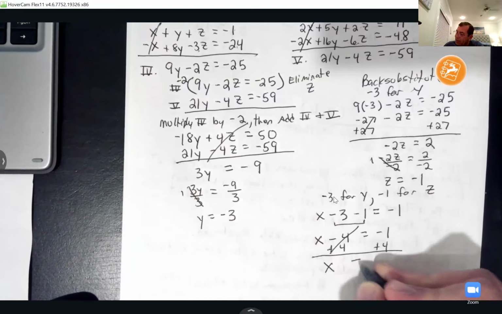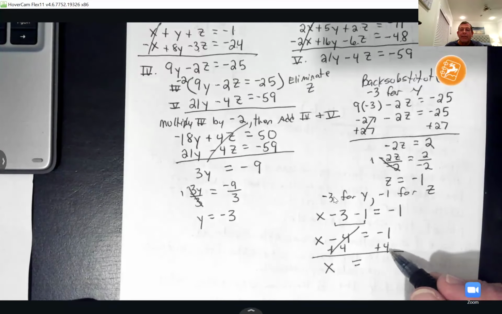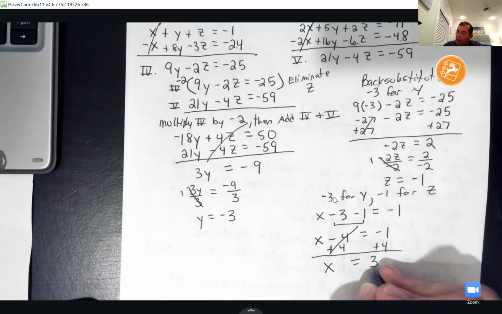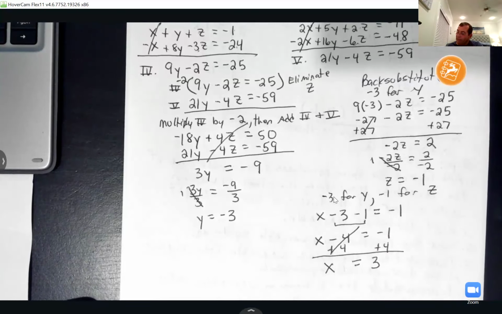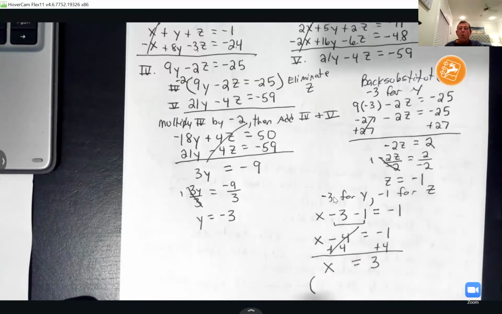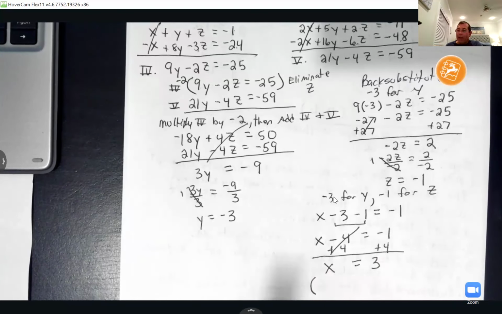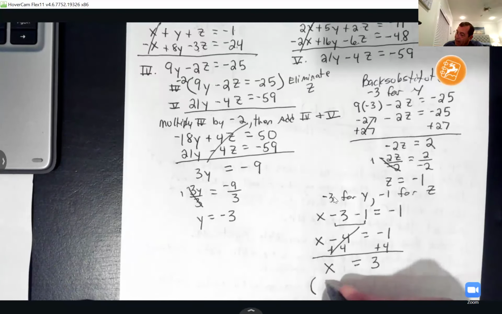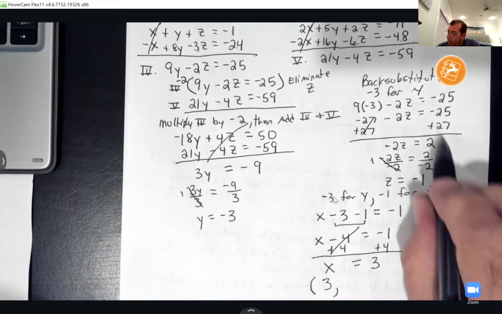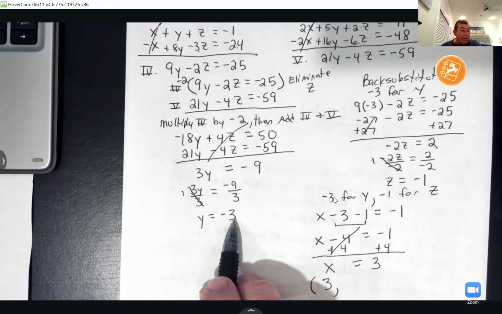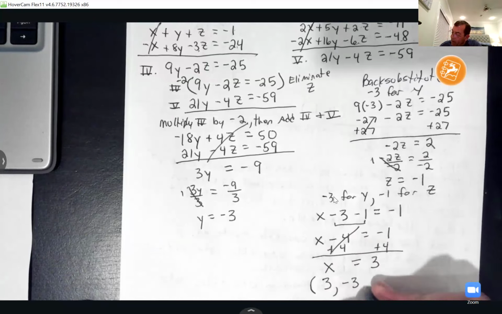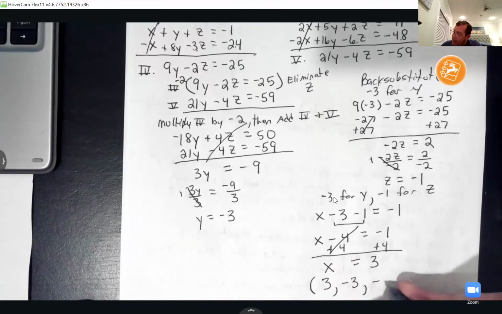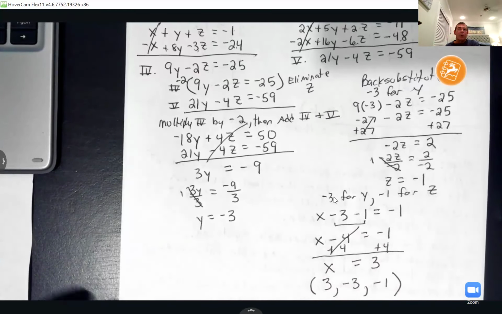Those cancel. And basically that's a 4 minus 1, which will give us a 3. Now remember, ordered triple in alphabetical order will be the 3 for the x. Where's my y? My y is right here, a -3. And then my z, which is a -1.